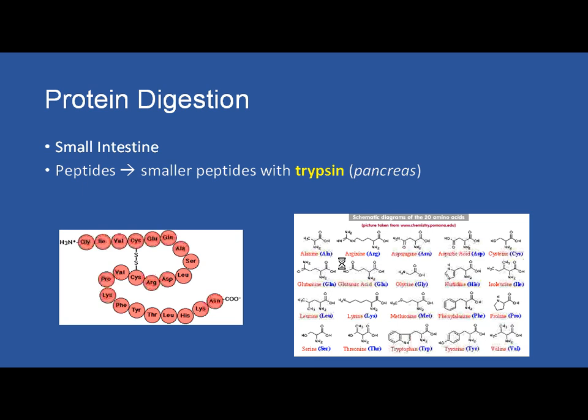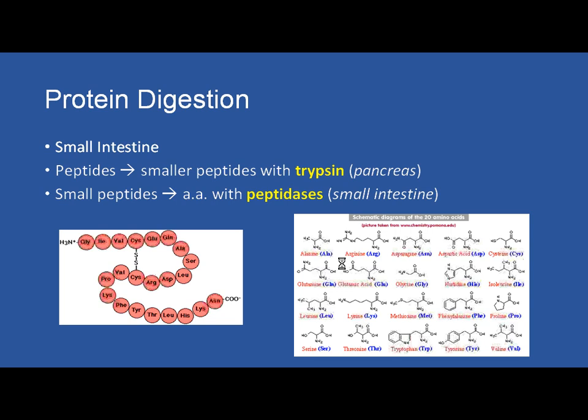So it breaks the peptides down into smaller peptides, and then the small peptides get chopped up right into the individual monomers, the amino acids, by enzymes called peptidases. Peptidases are produced in the small intestine, and we're still functioning here in the small intestine.